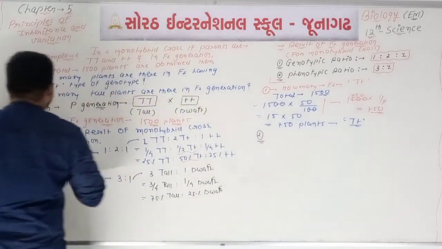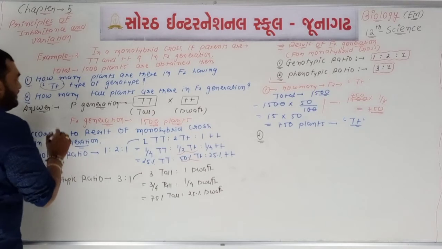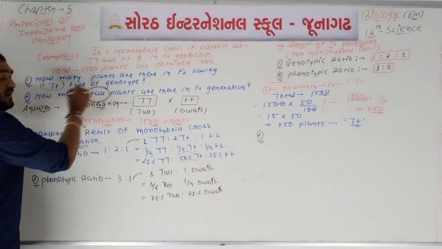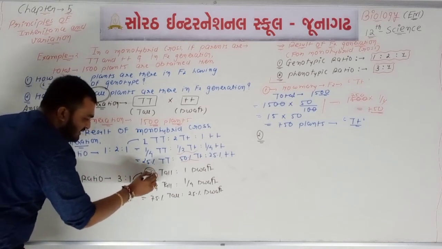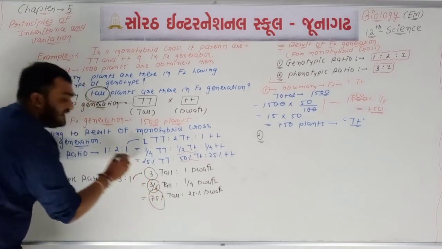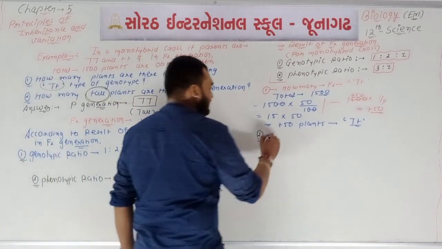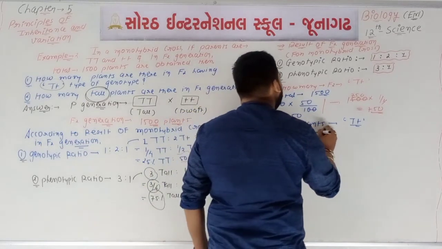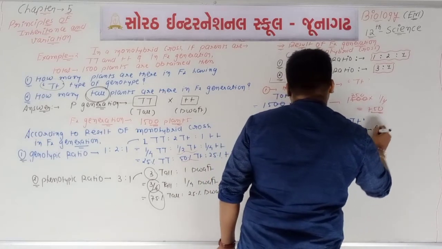See, in the first question genotype is there, while in the second question phenotype is there, tall plants. So we can say the total tall is 3 upon 4, which means 75%. So the second question is: how many tall plants are there in F2 generation?